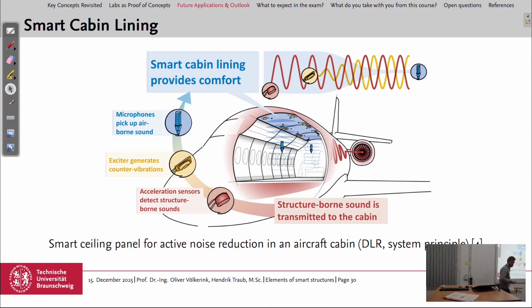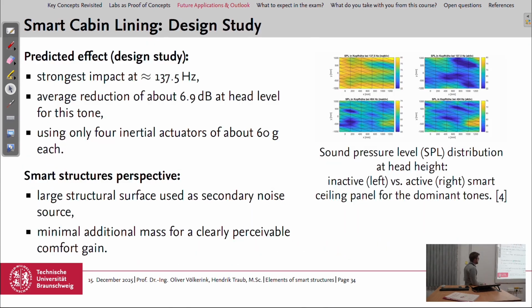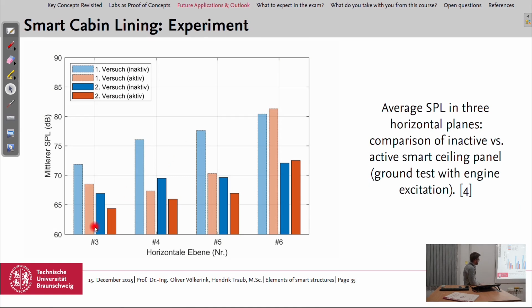And I was not involved in the project, so there might also have been horizontal planes 1 and 2, but they included in this plot the horizontal planes 3 to 6 at different heights.